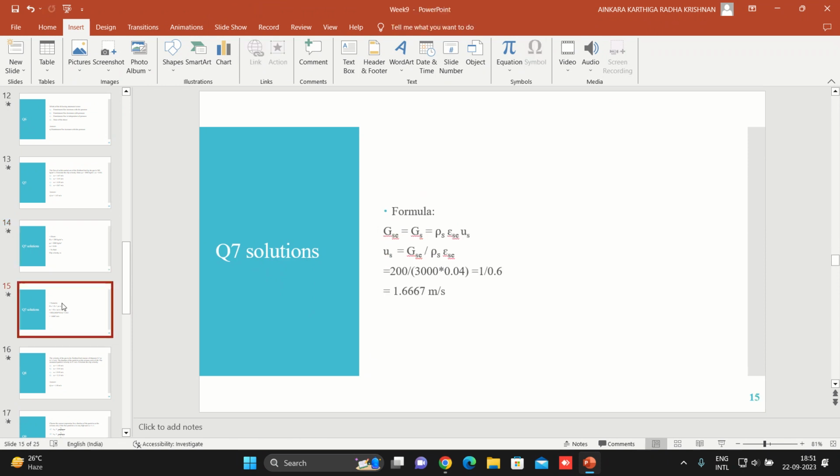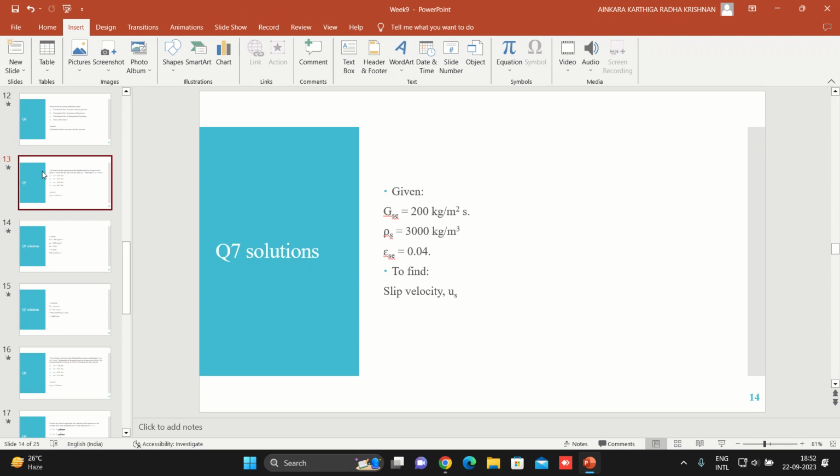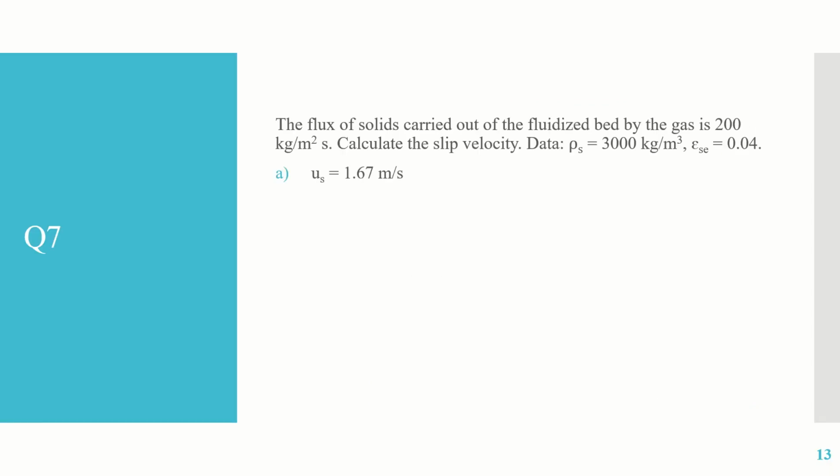The flux rate is given by the formula Gse is equal to rho s into epsilon se into Us. Since we know all the other terms except the slip velocity Us, we calculate Us by substituting the values, and we get 1.67 meter per second, which is option A. I hope it is clear now.